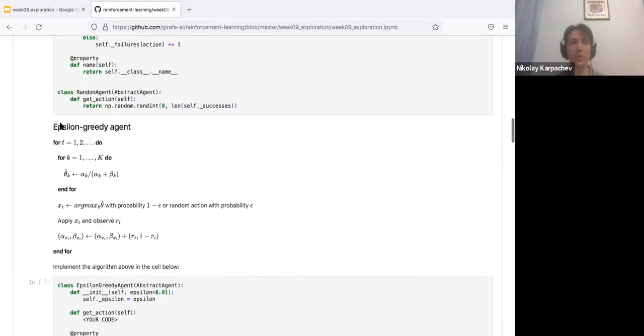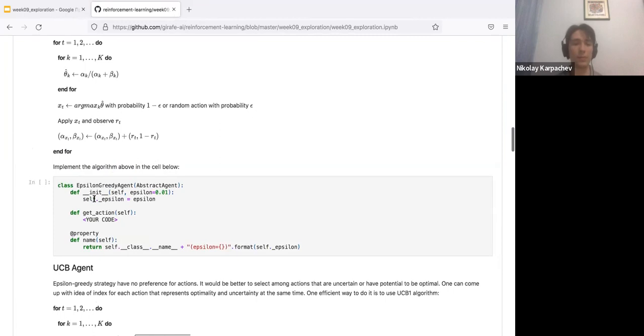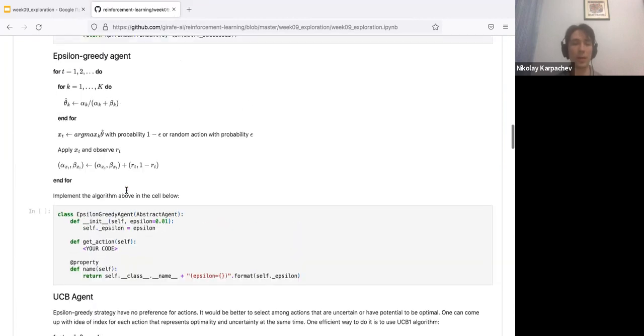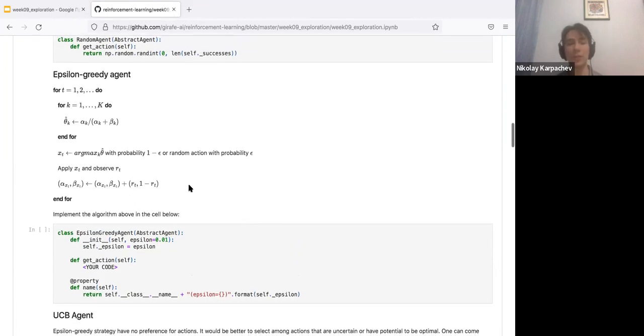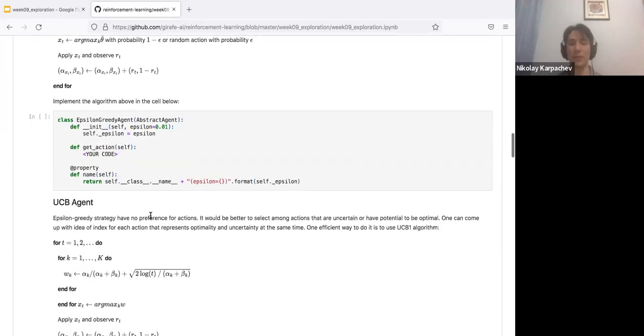First, we'll be implementing the epsilon greedy agent. With probability epsilon, we select a random action, or otherwise we select the best action. It's what we've covered many times.